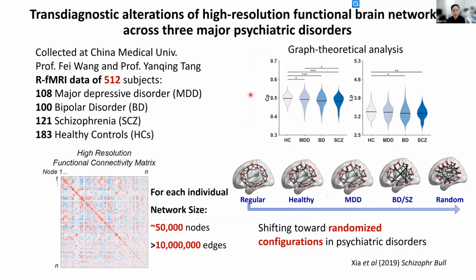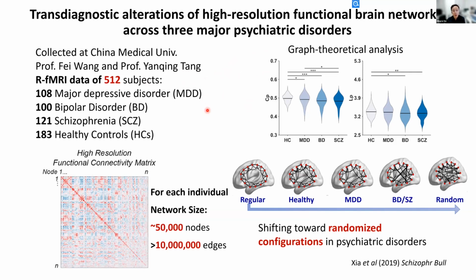We collaborated with Professor Wang Fei and Professor Tang Yanqing in China Medical University. We collected resting state fMRI data from 512 subjects. There were over 100 patients for each kind of disorder.